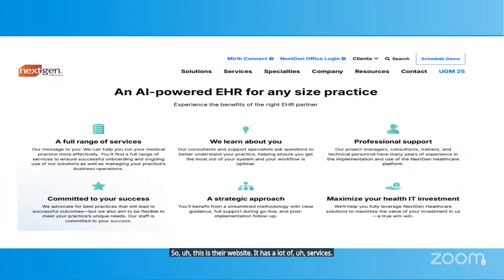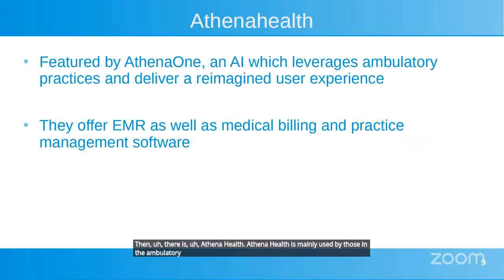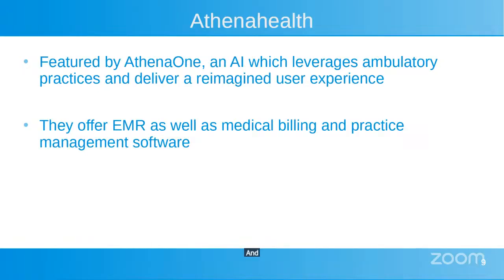Then there is Athena Health. Athena Health is mainly used by those in ambulatory care services, and they have a feature known as Athena One, which is an AI that helps you leverage all the ambulatory services and helps improve patients' usability.